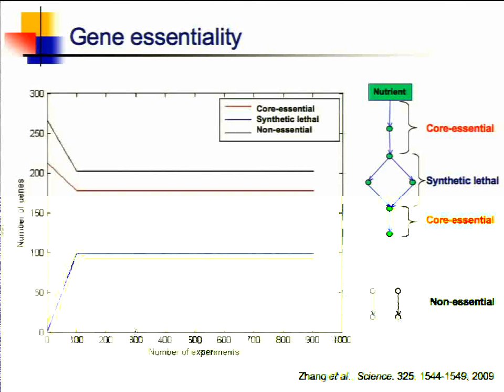But if it's not selected, it becomes non-essential. So it has this binary feature, sometimes essential, but not all the time. And the non-essential genes are simply not needed for taking up the nutrient we're giving.